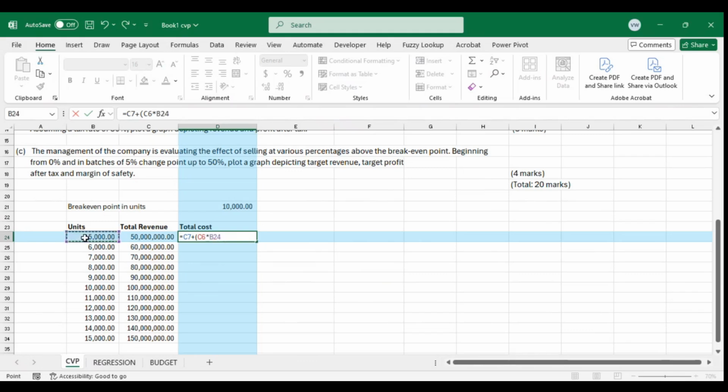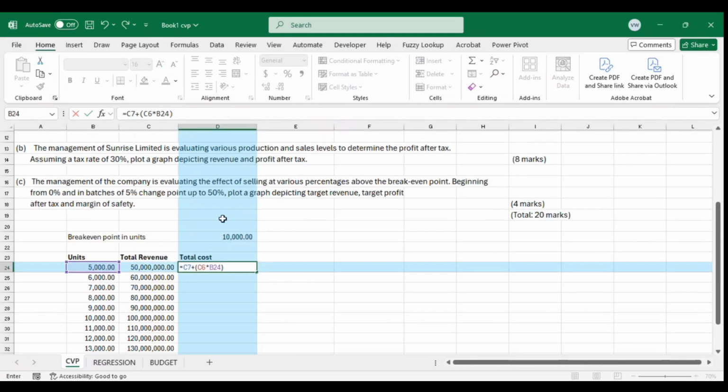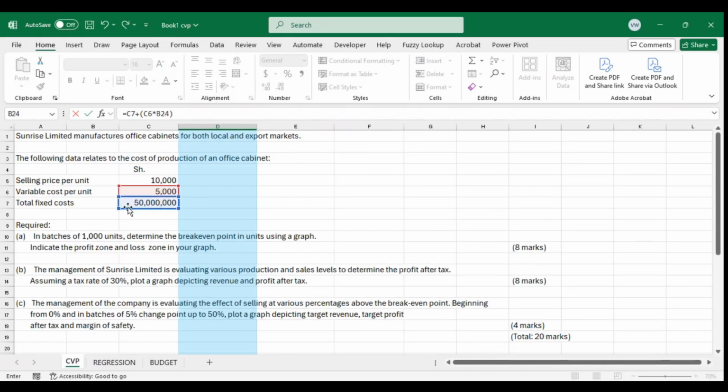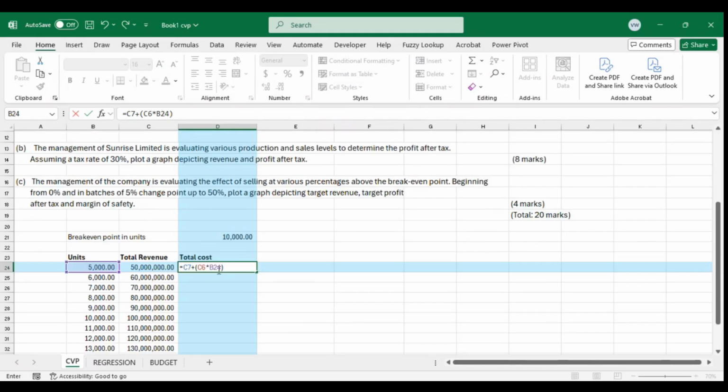But remember, because I want to use the fill option, I want both the total fixed cost and the variable cost to be an absolute reference. Otherwise, it will not give us the right fill values. So everything else will be an absolute reference other than where we have the number of units.